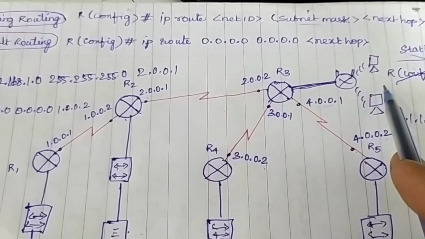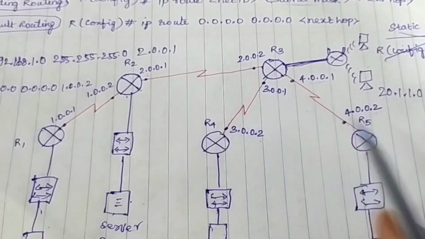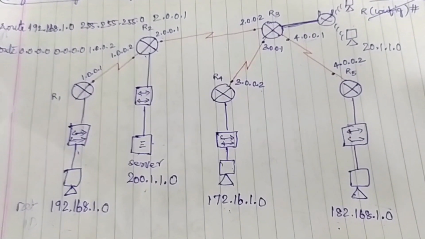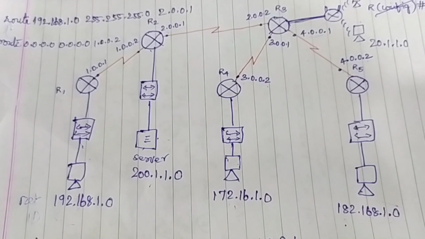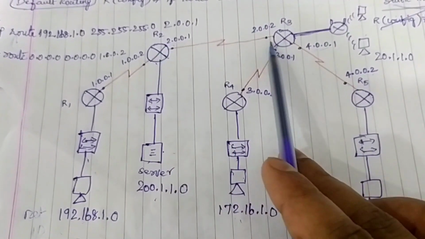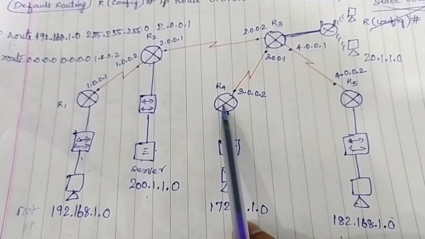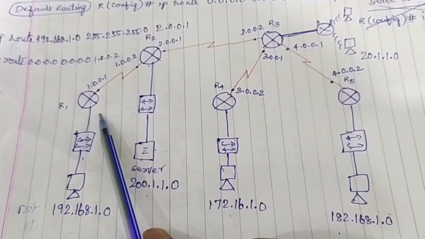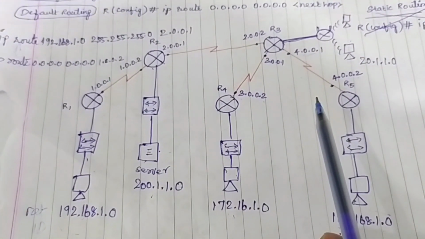From R2 to reach this network, next hop is this only, no? That's it. I hope you understand. Try this for different topologies. Here I considered only R2 and R3. You just consider R4 as your static router and configure on R5, configure on R1. Practice like that and you will get a better idea.